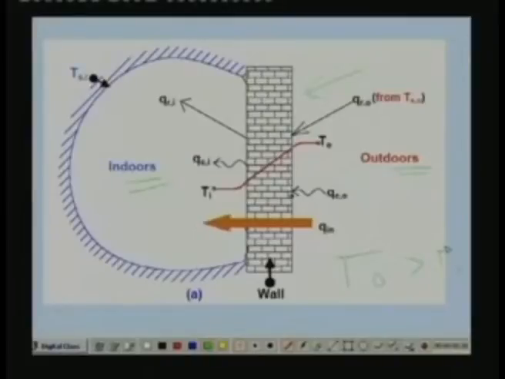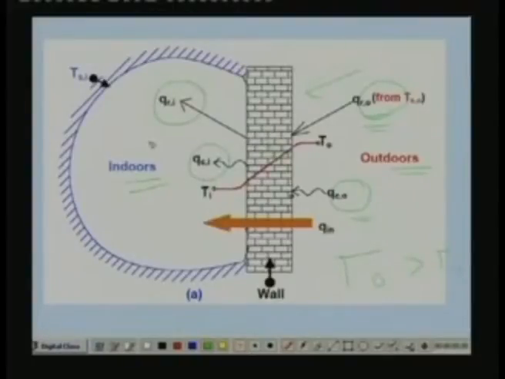Okay, and you have outdoor surface. The outer surface of the wall is subjected to radiation heat transfer, and it is also subjected to convective heat transfer. So, heat transfer takes place from the outdoor to the outer surface of the wall by radiation and by convection. Then heat transfer through the wall takes place by conduction. Then heat transfer from the inner surface of the wall to the indoors takes place again by radiation and by convection.